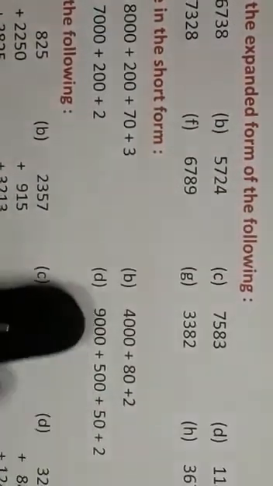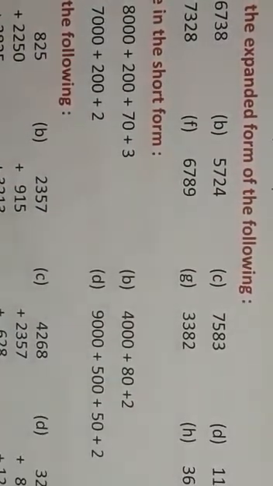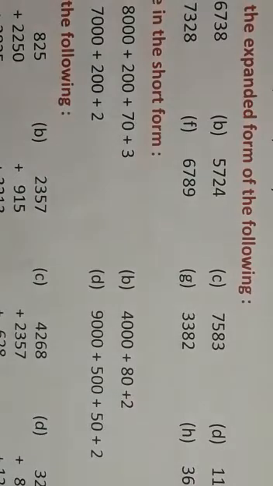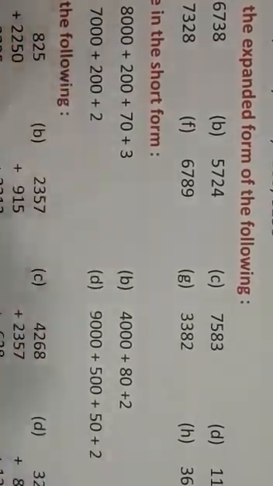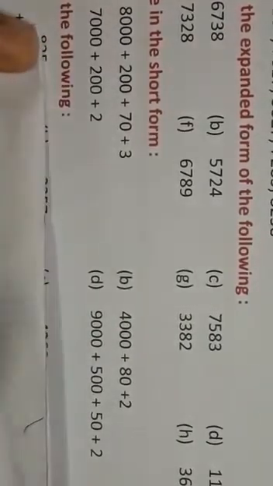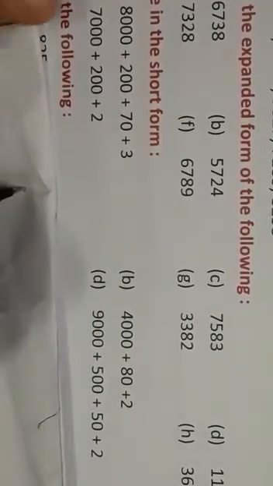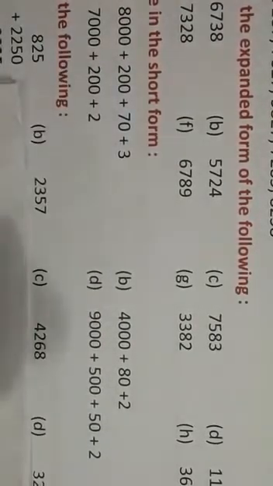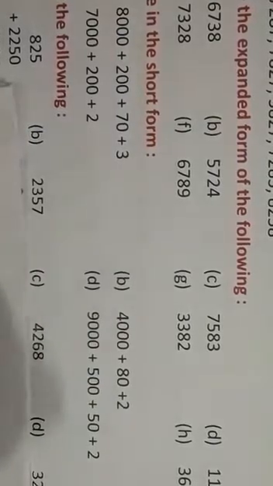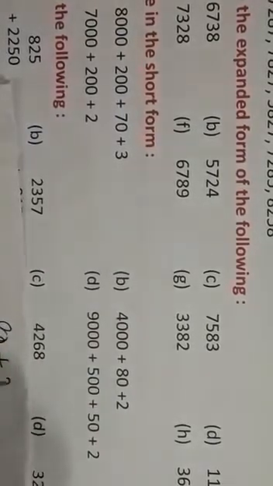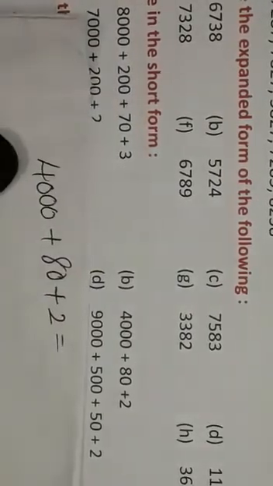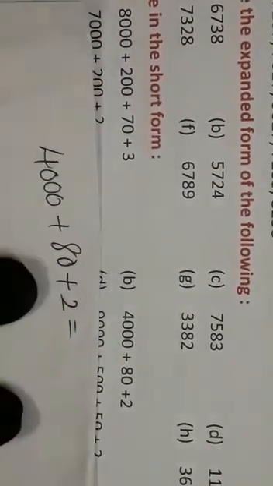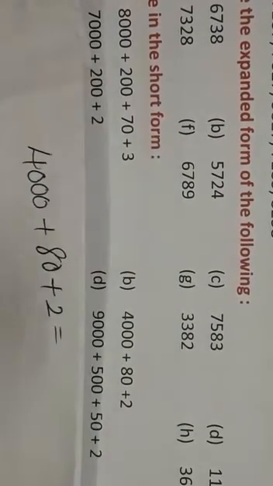See, the next number is 4000 plus 80 plus 2. Four thousand plus 80 plus 2. To write this number in short form, we use only digits.